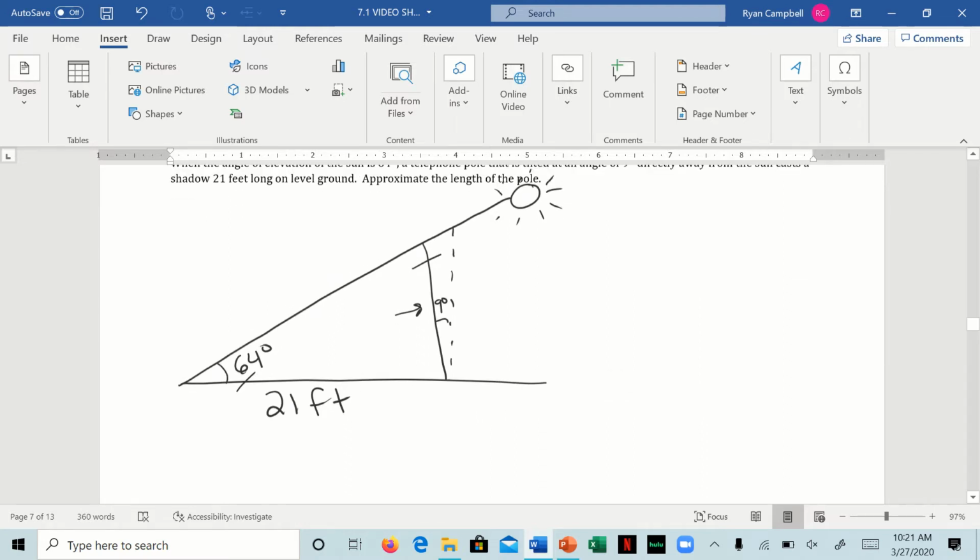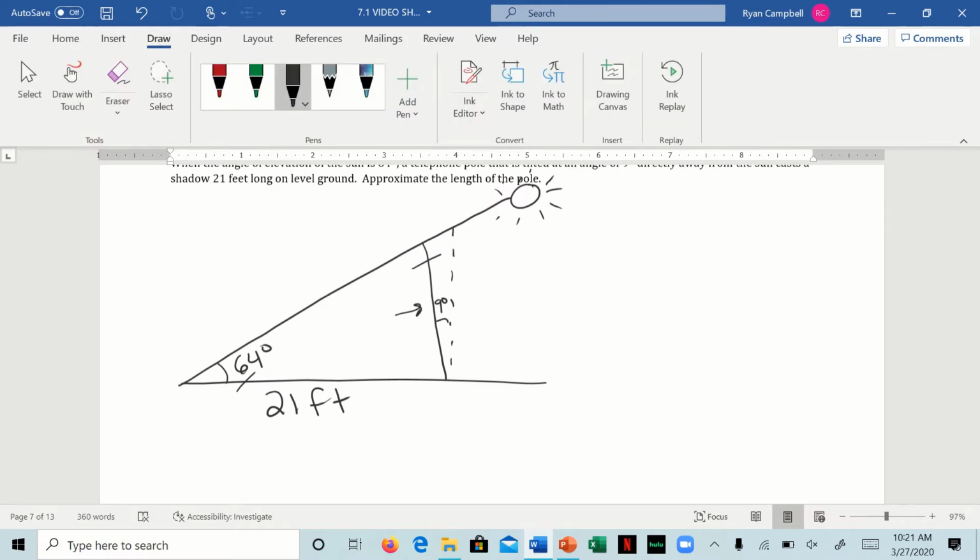All right. So we're going to try to find the length of that pole. We need to know some stuff, right? So this triangle right here is probably the one we're going to be using, right? Since that's a side of the triangle. So we can see that we know what this angle is, right? So this angle should be 81 degrees.